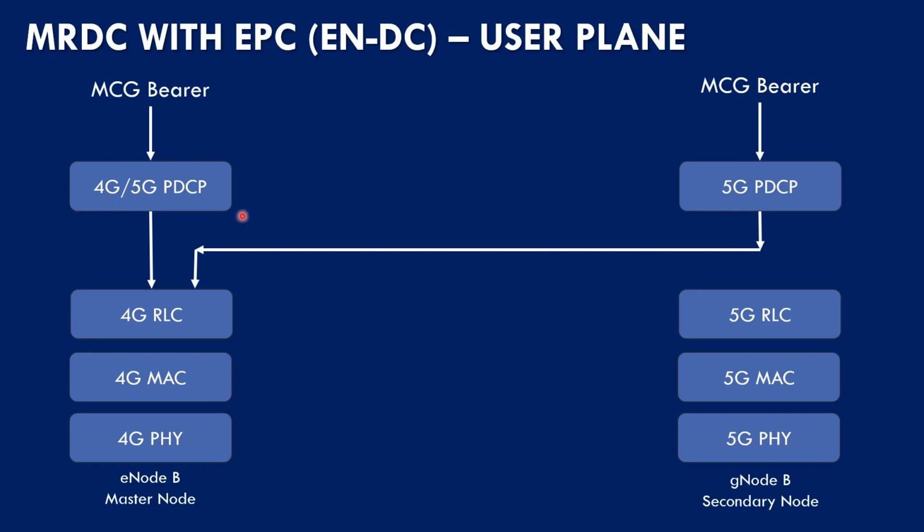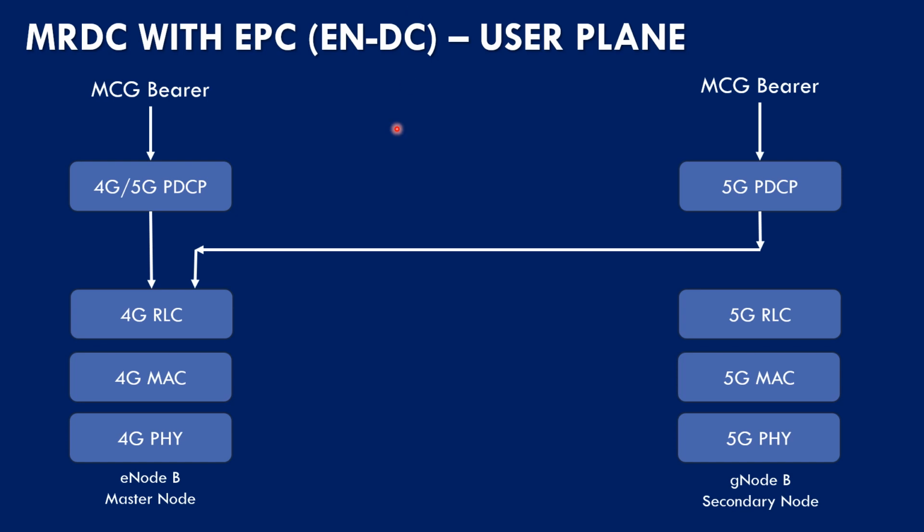The PDCP layer can be configured to operate either in 4G or 5G mode. Note, here we are saying 4G or 5G mode of the PDCP layer, or 4G or 5G version of the PDCP layer. Even LTE Node B is capable of configuring the 5G version of the PDCP layer.